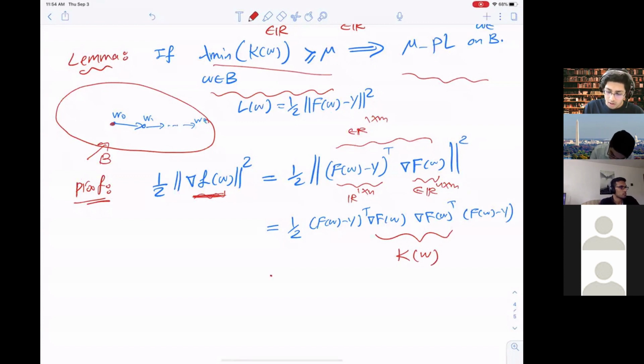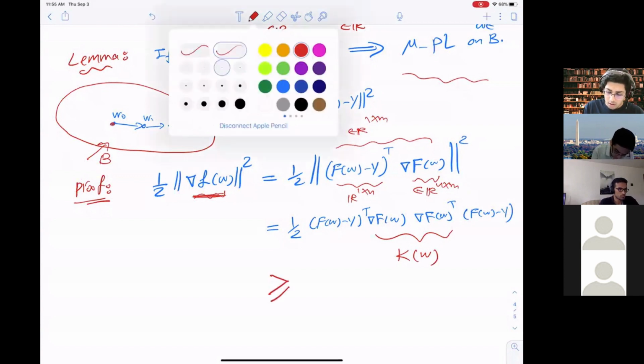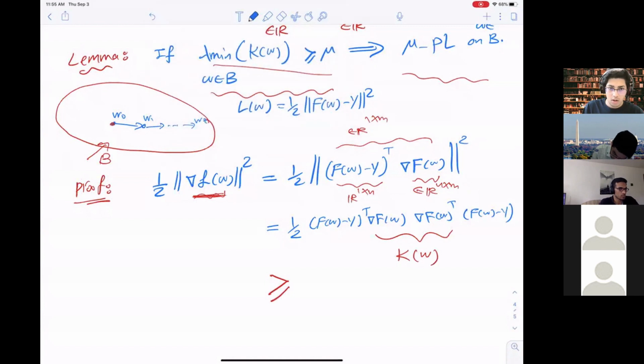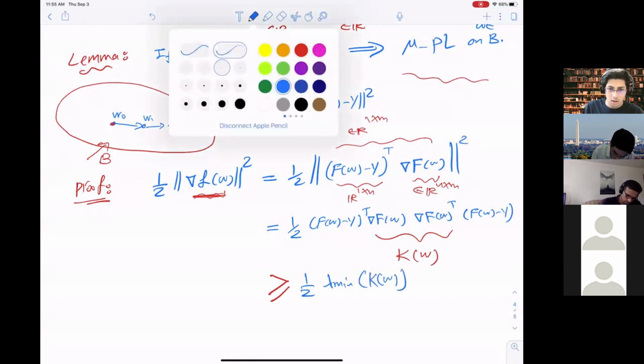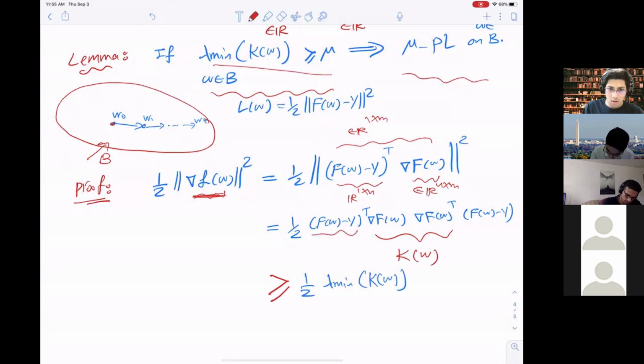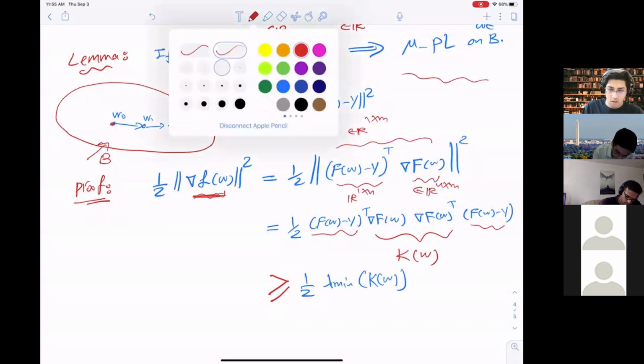So this whole thing is going to be greater or equal to one half lambda min of this tangent kernel, times this guy, Fw minus y transpose, times Fw minus y, which is the norm of Fw minus y.